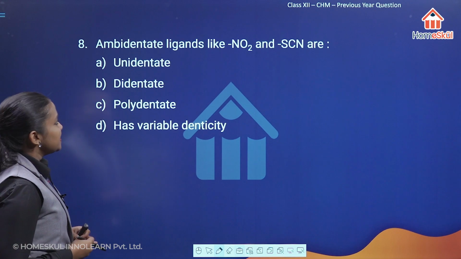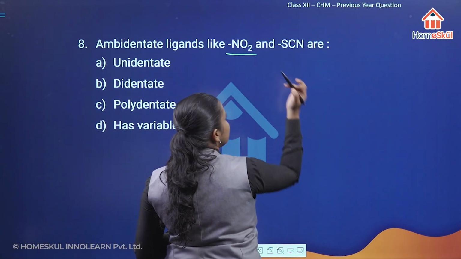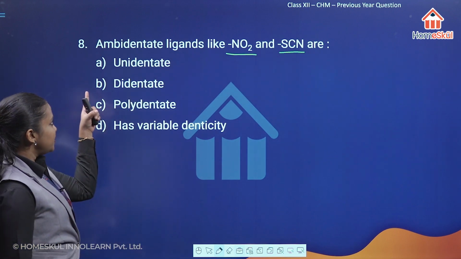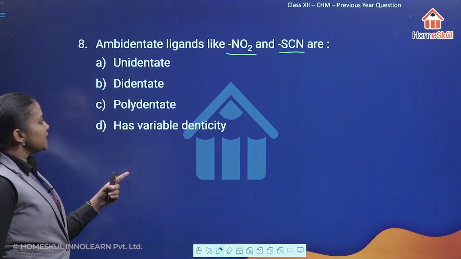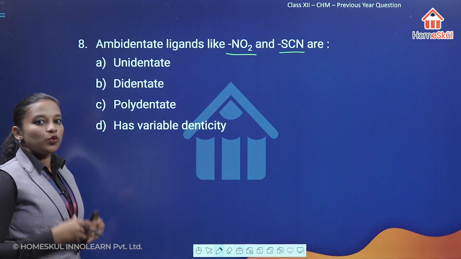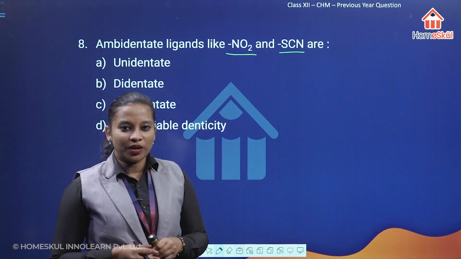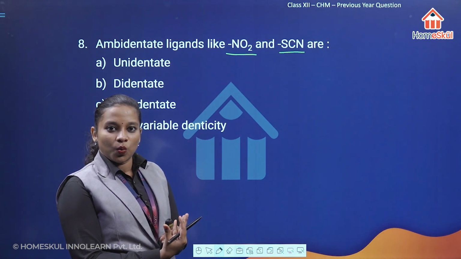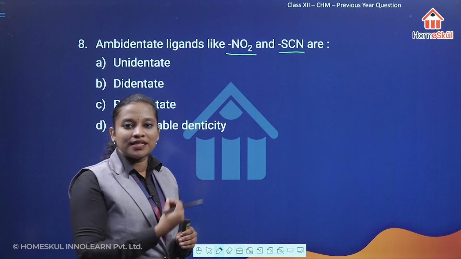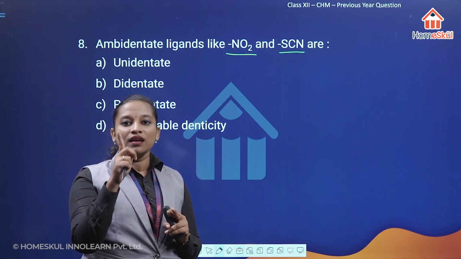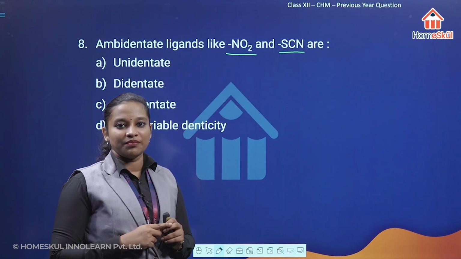Is that clear? Moving on to the next. Ambidentate ligands like NO2 and SCN are whether unidentate, didentate, polydentate, or have variable denticity. Which is the correct option? We know that an ambidentate ligand is a ligand which can attach to the central metal atom through 2 ways, but only one at the same time.